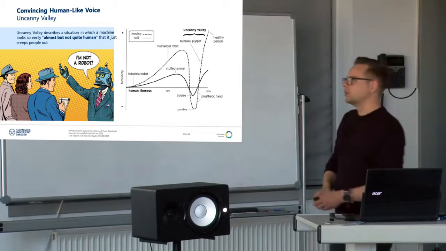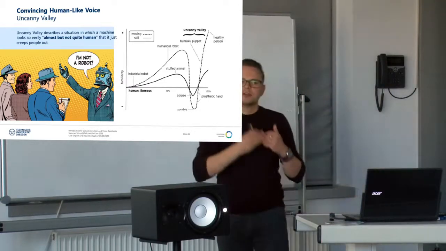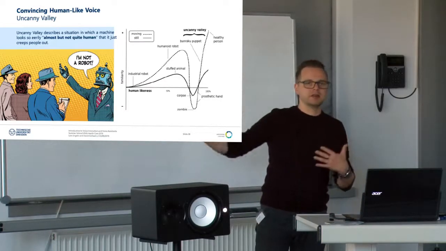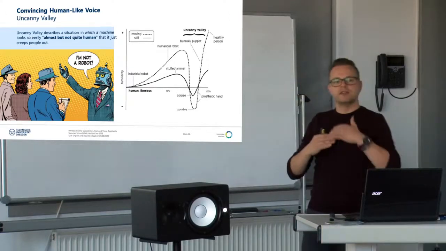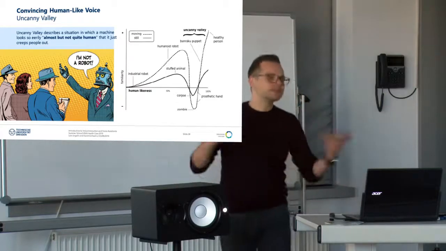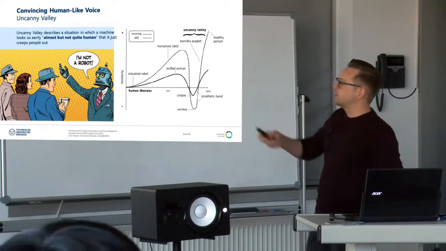So normally, you would expect that if you have a system that is increasingly perceived as very human, that looks very human, it is as well perceived as very familiar. But there's a problem that you can see here.